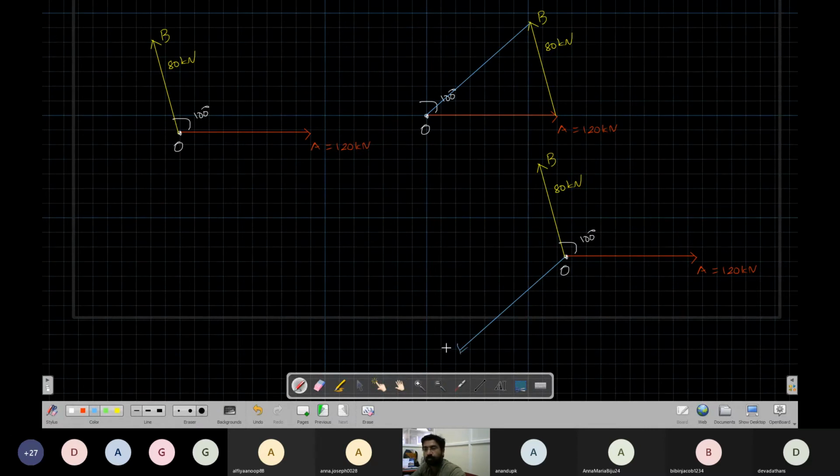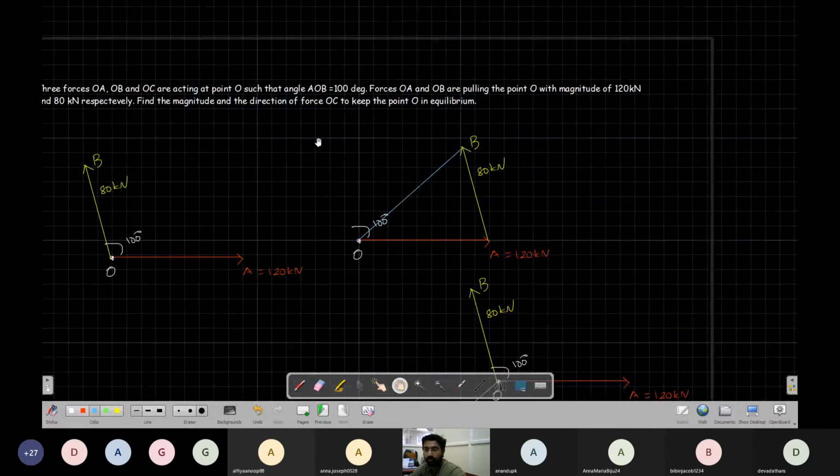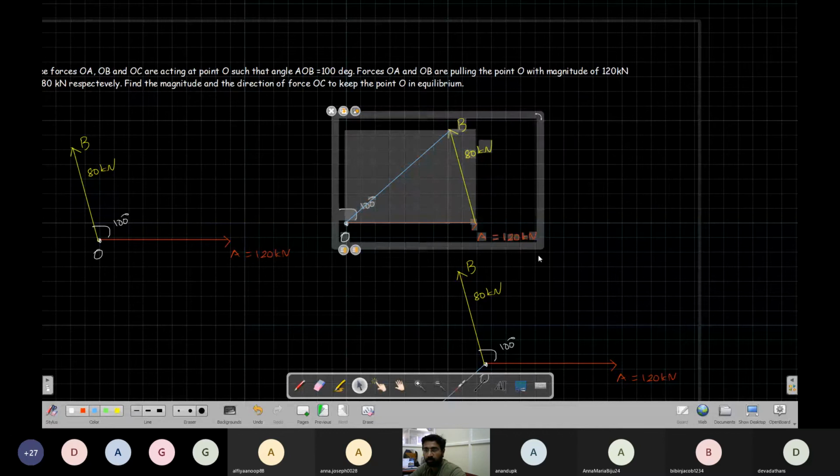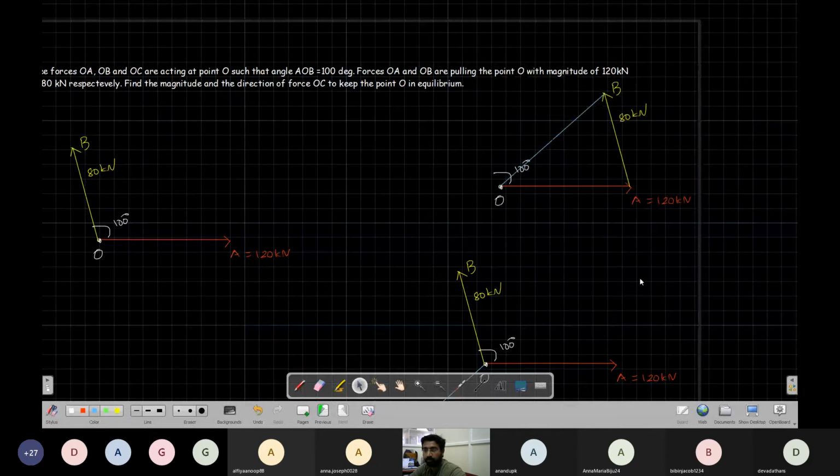So this should be the result. But this is by the graphical method. We don't want to solve by the graphical method. So what we will see is Lami's theorem. Let it be here, graphical solution.